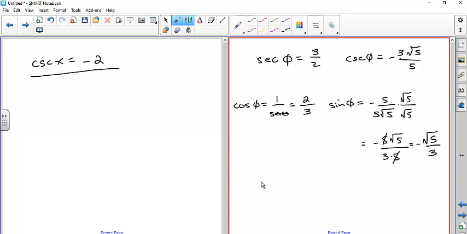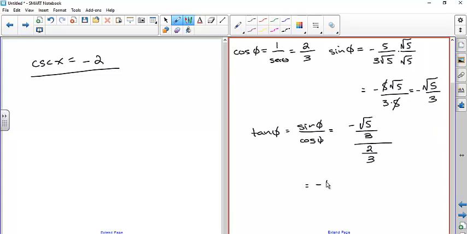And then finally the tangent. So the tangent of phi is the sine of phi over the cosine of phi. And so the sine is negative the square root of 5 over 3 divided by the cosine, which is 2 over 3.